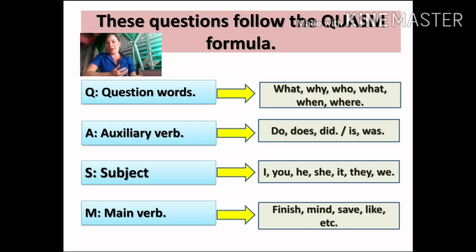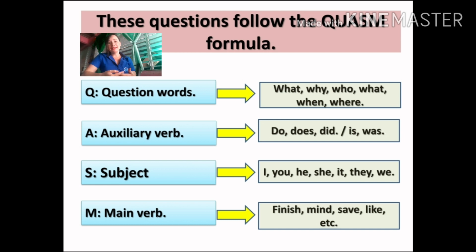Subject. What are the subjects? The subjects are I, you, he, she, it, they, and we. These are subjects. Now we have the main verb. What is the main verb?